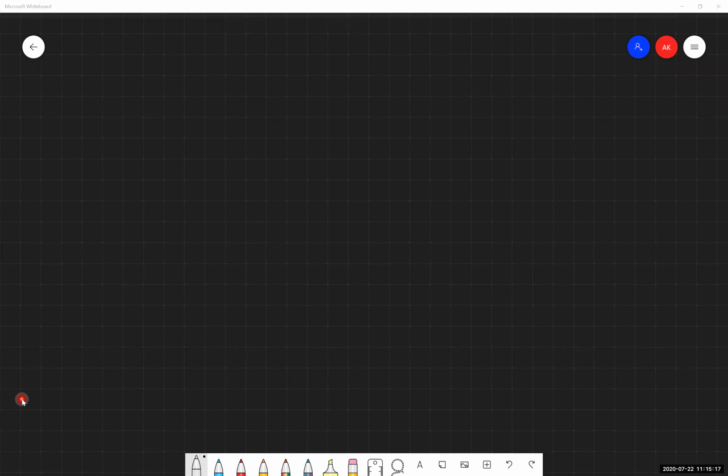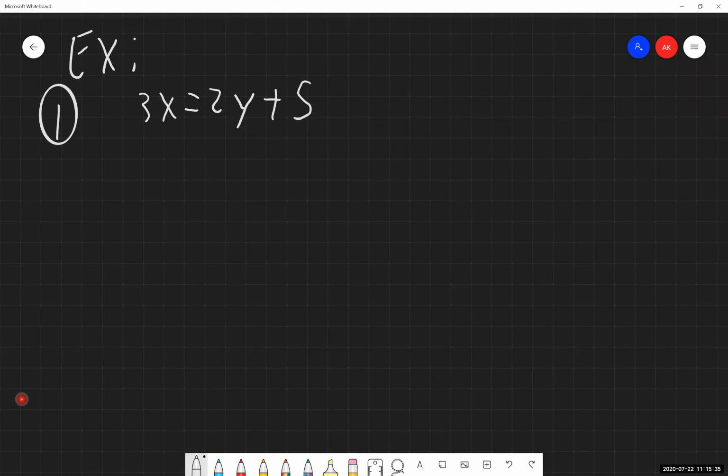Okay, so we're going to go through the two examples that are listed on the lecture notes. So our first example that we've been given, we're working with solving for our first equation and our second equation.